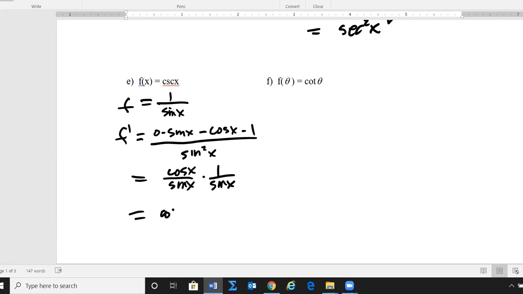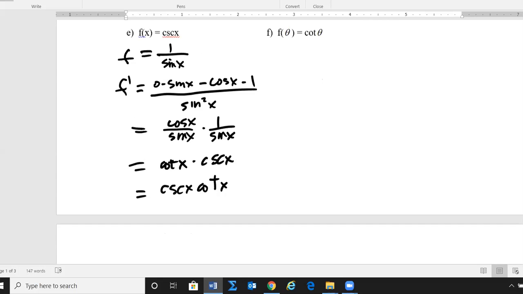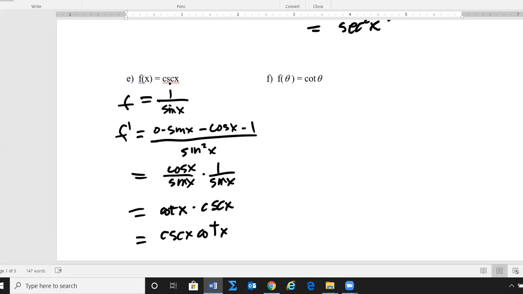That is cotangent x times cosecant x. And many times this is just remembered as cosecant x cotangent x, although the order doesn't matter for those factors. That's how we remember the derivative of the cosecant, cosecant cotangent.